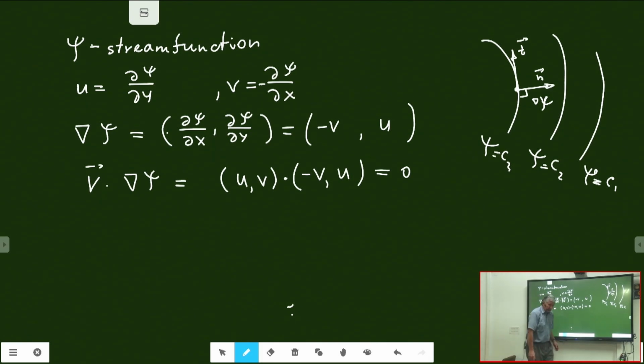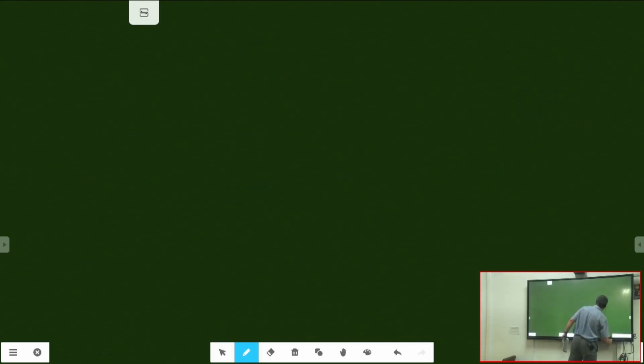Okay. So in our case, though, we have a U component and a W component. The V component is equal to 0. So therefore, the stream function now needs to be redefined slightly, but in a trivial way.